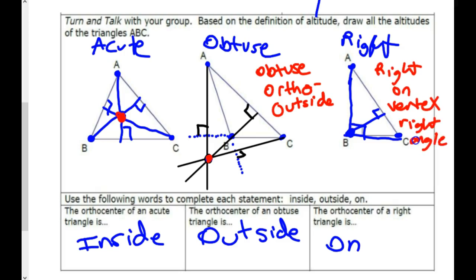So I'm telling you, anytime they say, what's the orthocenter on a right triangle, it's always on that vertex. And if they ask you, where's the obtuse triangle's orthocenter, it's going to be outside. Acute is inside. All right, so let's flip it over and try some of these using the grids.